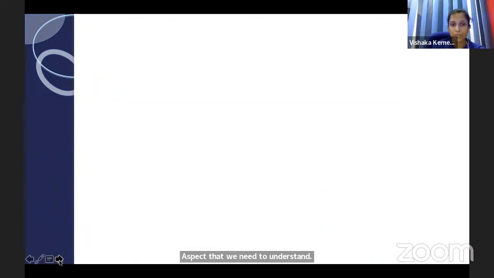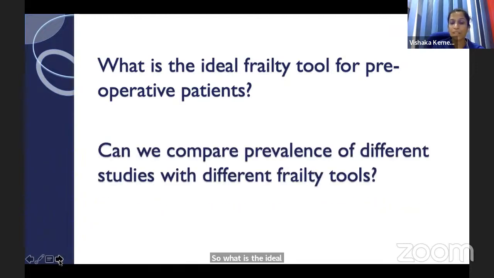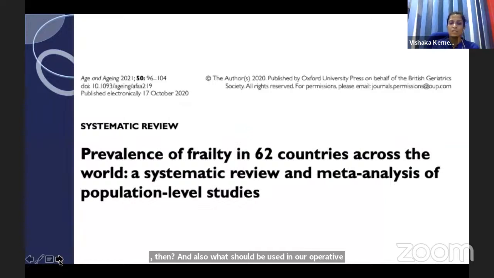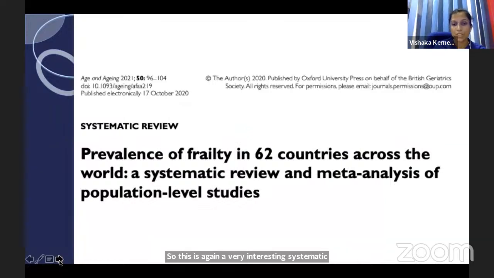So what is the ideal method then? And what should be used in our perioperative practice? And if we are going to use many tools in the world, how can we compare? This is again a very interesting systematic review which was done in 62 countries.